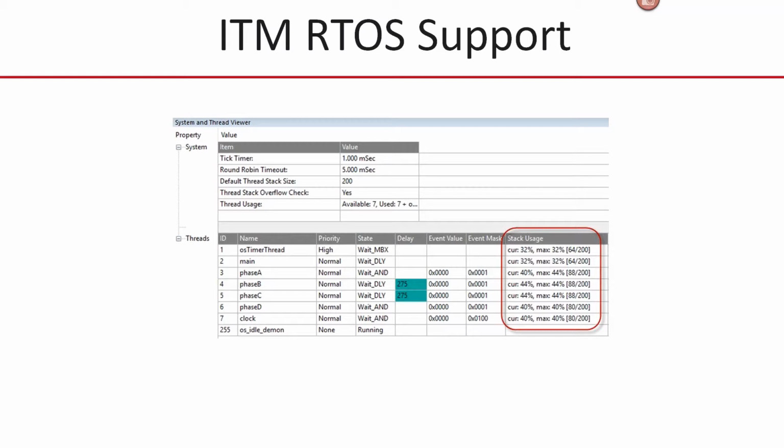So here we can see how all of the threads are executing on our code, the amount of memory they're taking, and also, crucially, the maximum memory usage of each thread as well. So again, that's very useful to validate our code, even with a basic debug connection and a low-cost debug tool.